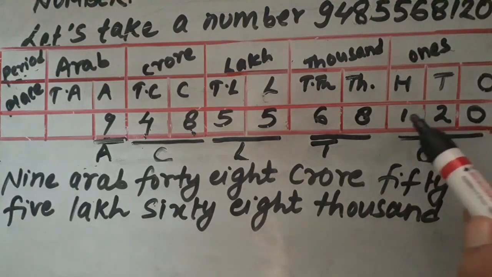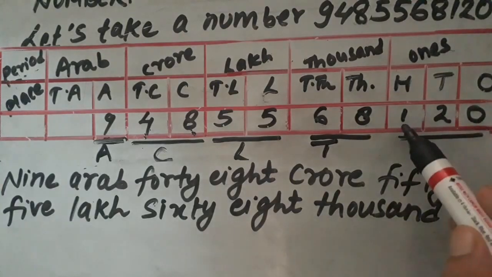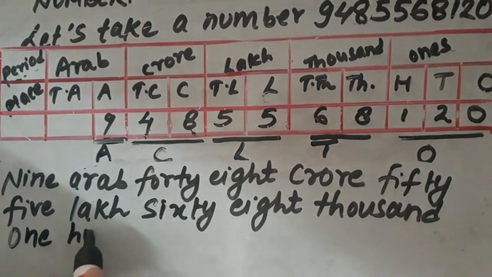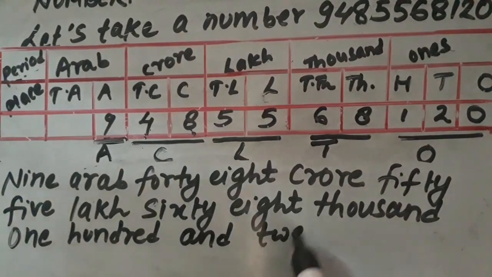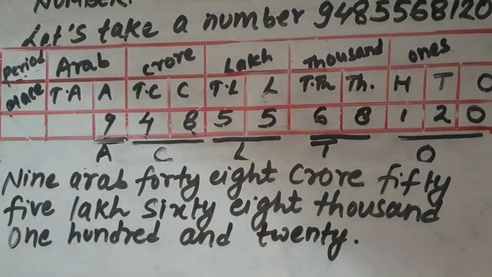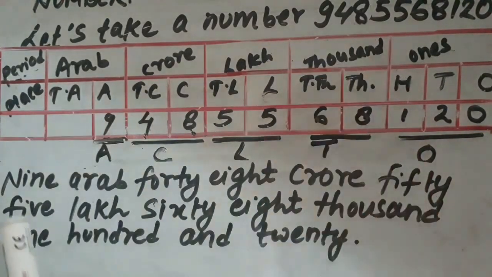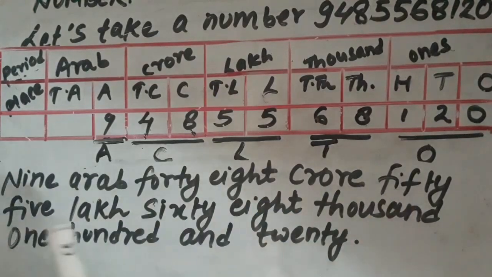So therefore these 3 digits combinedly they make 120. 120 means 100 and 20. So students, the number name of this number is 9 arab 48 crore 55 lakh 68,120.